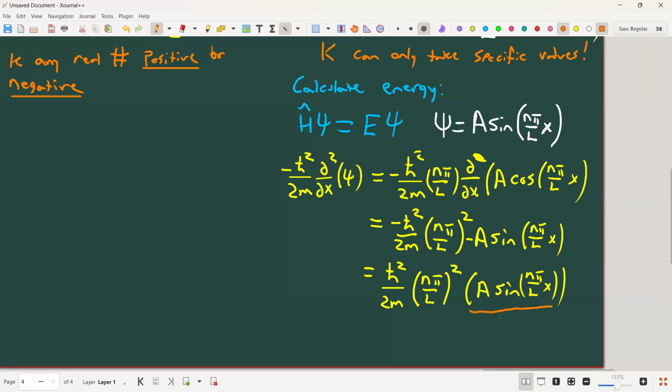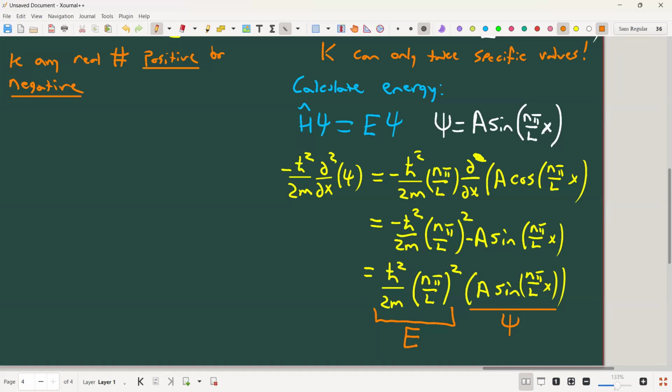This is just psi. We've brought back the original function. And that means that the thing on the outside is E, right? So this is our energy. Remember, when we take the second derivative multiplied by minus h bar squared over 2m, we get the energy times the original wave function. The original wave function measured our energy. This is the energy of the system at some n. Some energy that's represented by n.